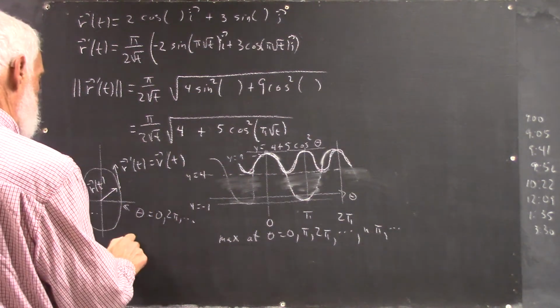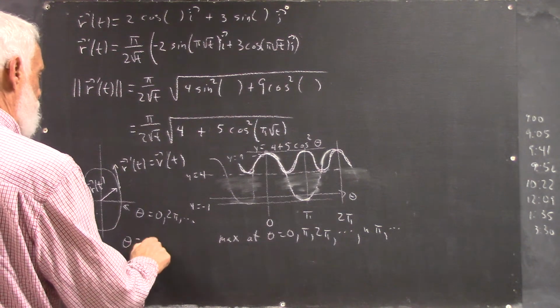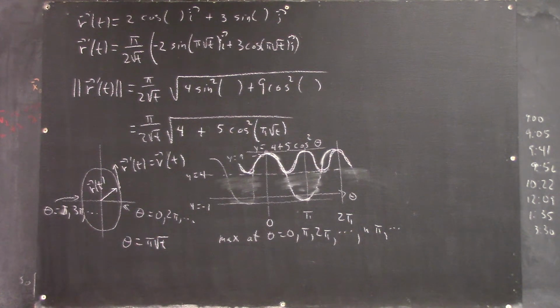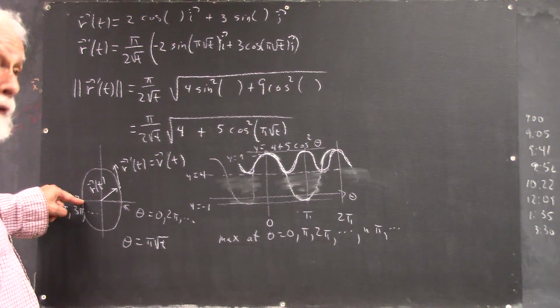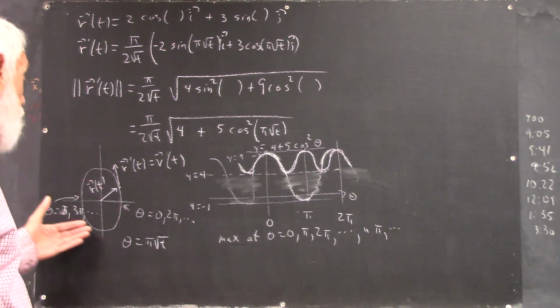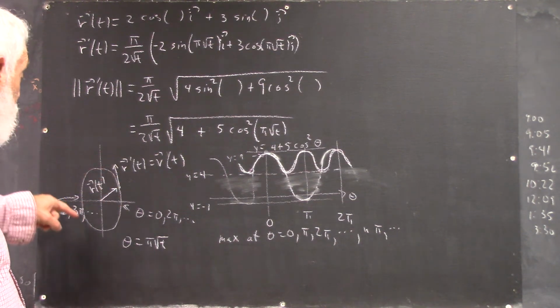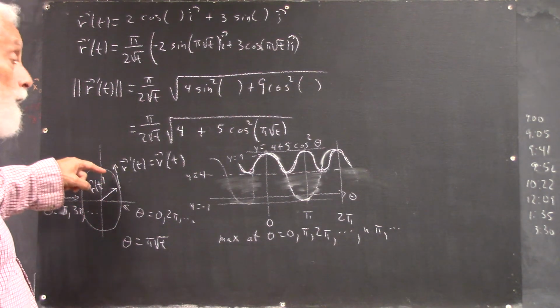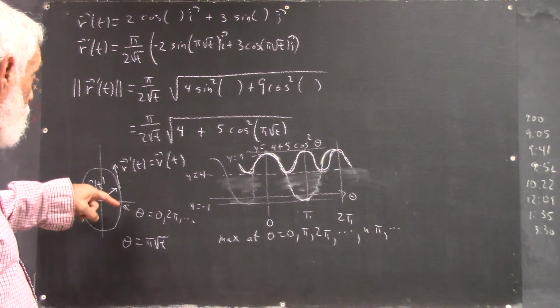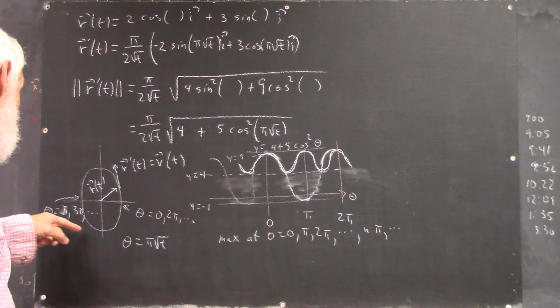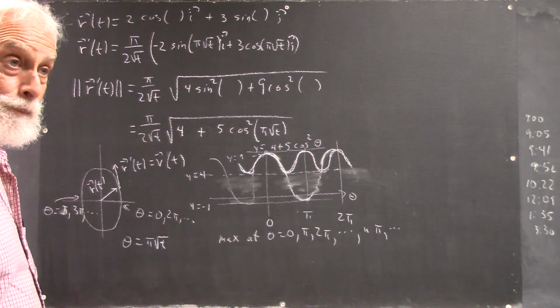And of course theta is pi. But this is where it's going to be on the ellipse. Now, as it slows down on the ellipse, you know, it takes longer and longer to get around the ellipse, but it's going to be going faster here than it is here, faster here than it is here, faster here. Okay?